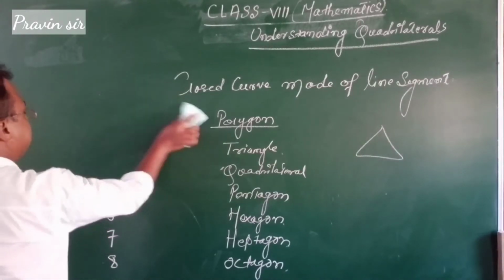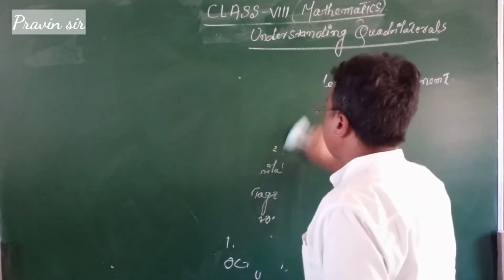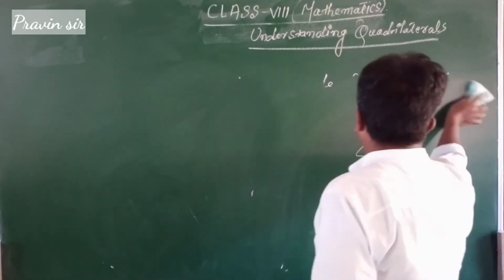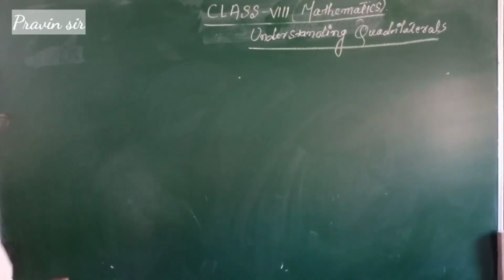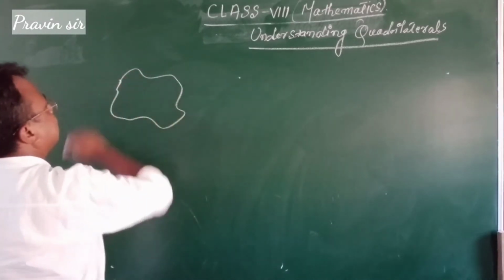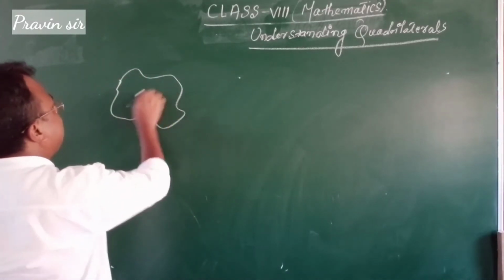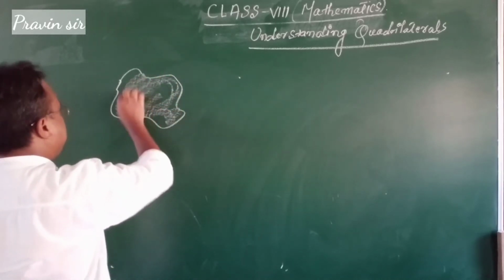Now the next thing we are going to see. I hope it is clear what a closed curve is, what an open curve is, and what a polygon is. Now suppose this is a closed curve, not a polygon.